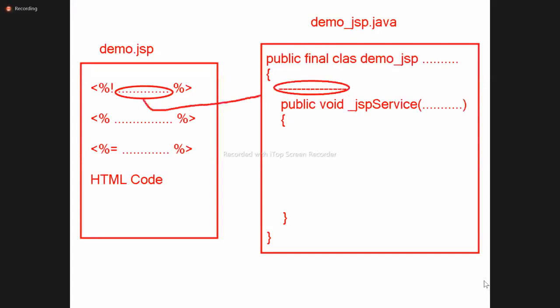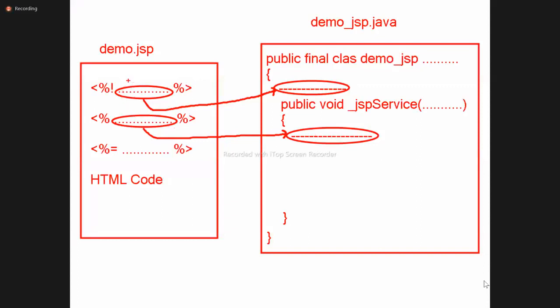Whatever you write in a scriptlet comes inside the service. Now whatever you write in a declaration comes outside the service. Whatever you write in a scriptlet is inside the service.